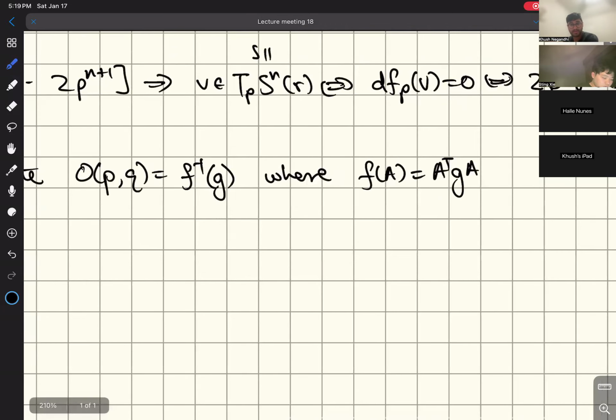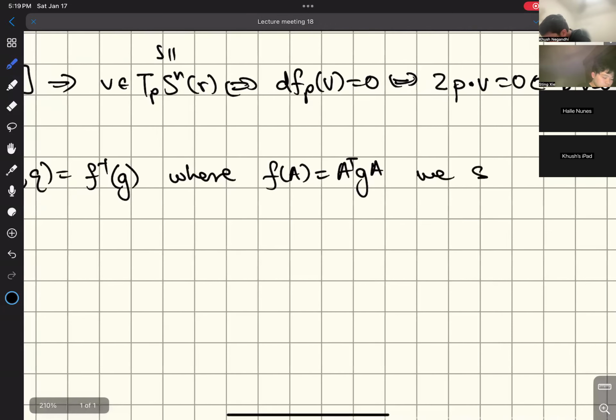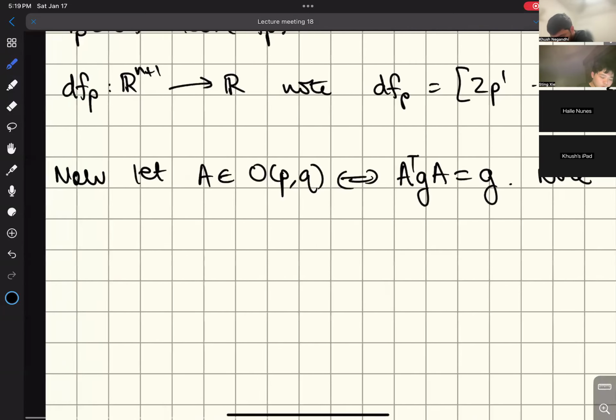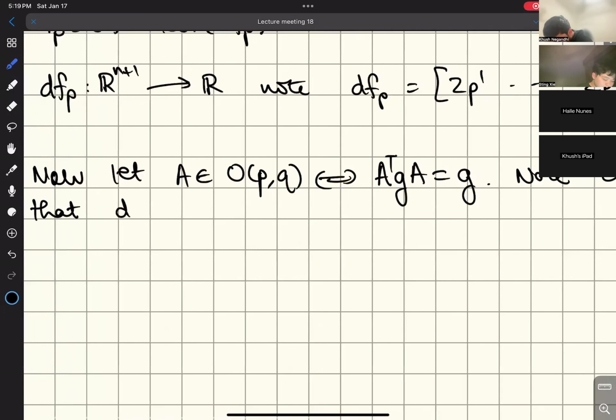And we showed that the derivative of F at A, applied to X, was A transpose GX plus X transpose GA, right?